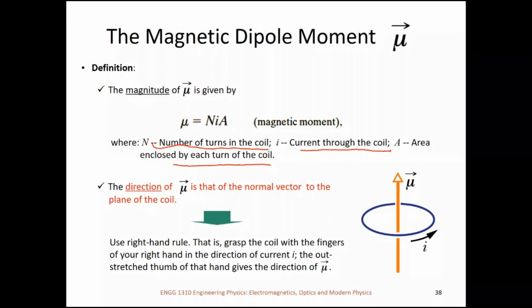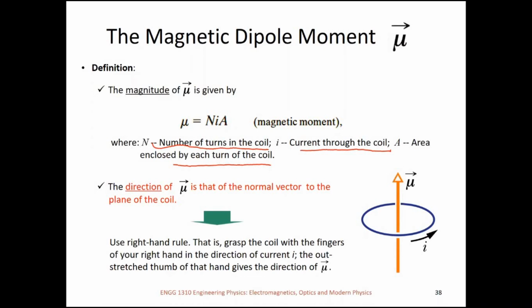The direction of mu is the normal vector of the plane of the coil. But the normal vector still has two directions, up and down.